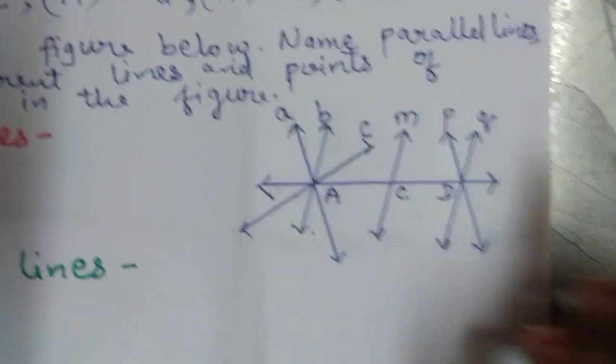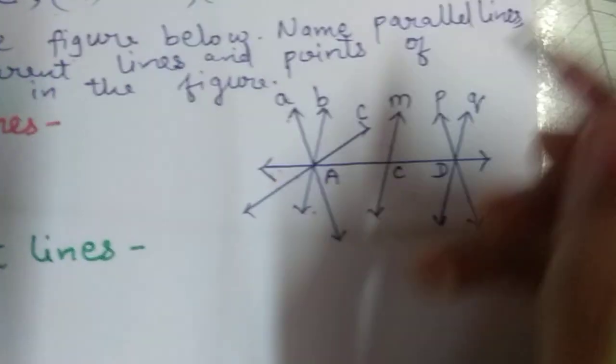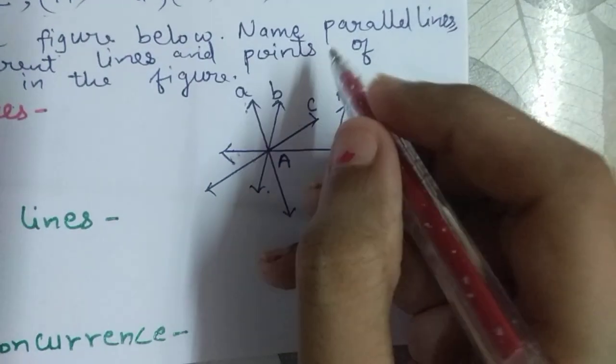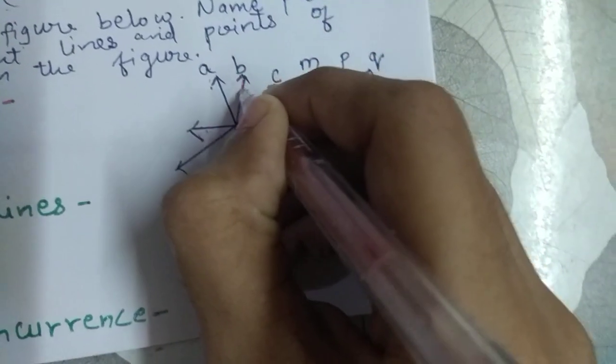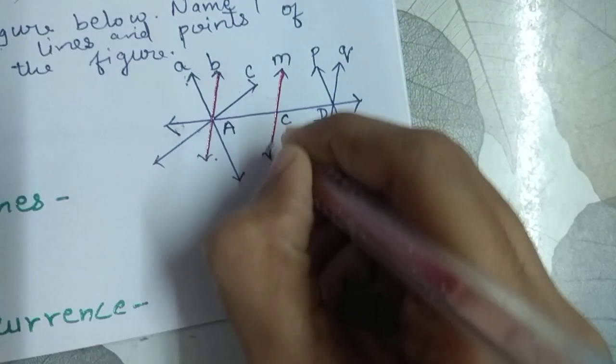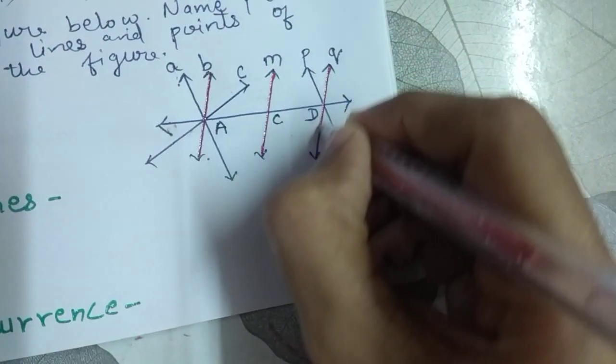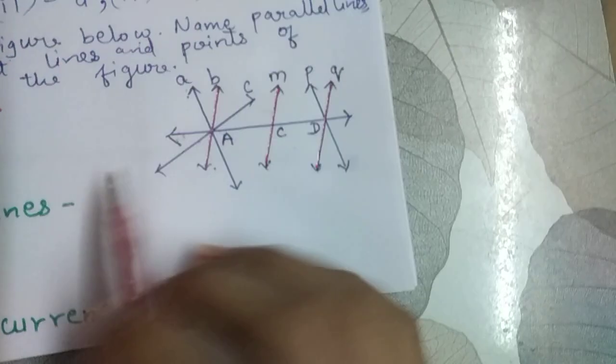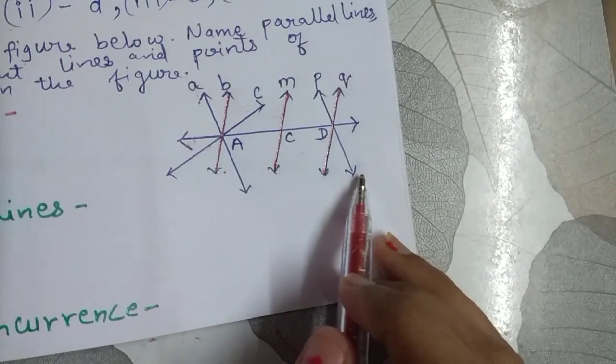Yes. So now we have to find parallel lines. Now I am making it easy for you all. So I am highlighting it with a red pen. We can see line B, line M and line Q. These 3 lines are parallel lines. So we have to write that.